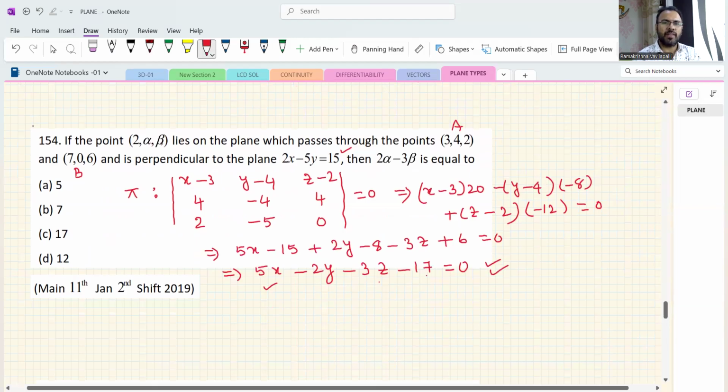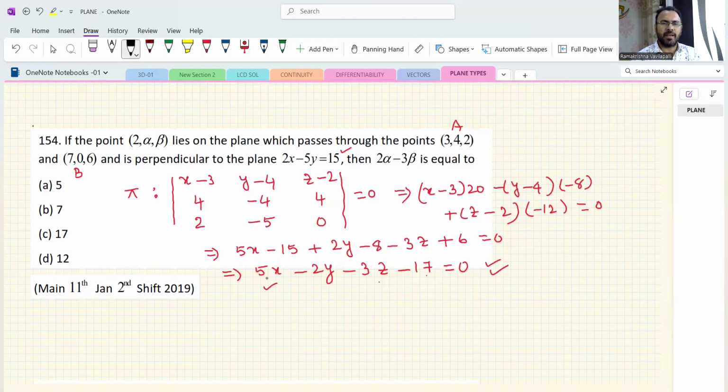Now (2, alpha, beta) lies on the plane, so you just substitute this point in the plane. X is 2, so 5 into 2 plus 2 alpha minus 3 beta minus 17 equal to 0.